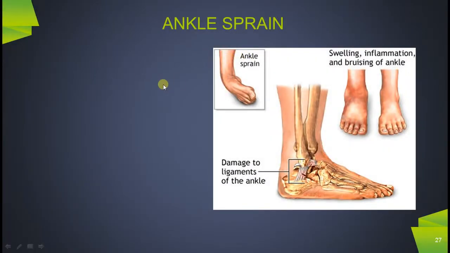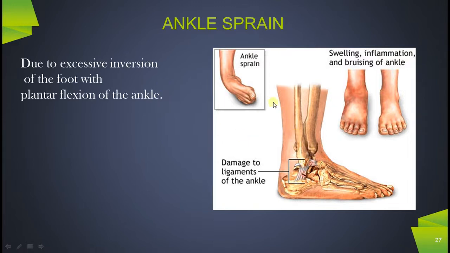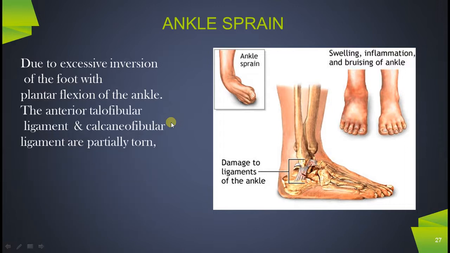Ankle sprain. During excessive inversion, when the foot is inverted with plantar flexion of the ankle, usually plantar flexion is associated with inversion. What happens is there is an injury to the talofibular and the calcaneofibular ligament.